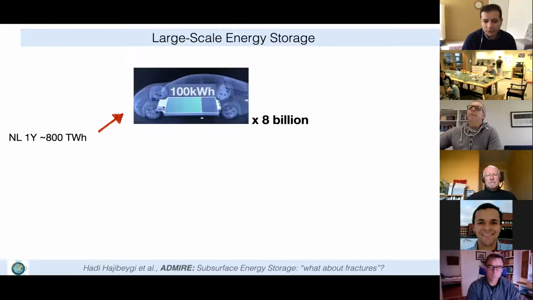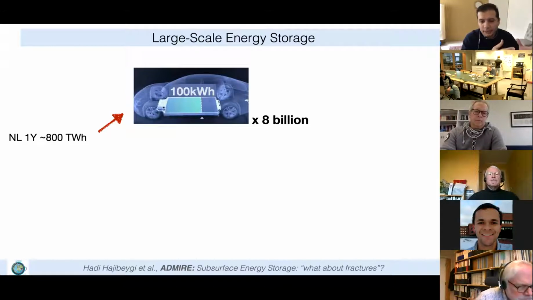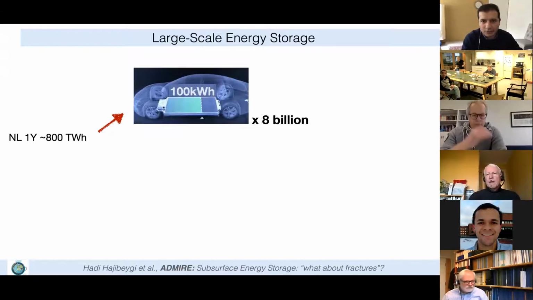To give you a little bit of perspective on where we stand: if you would like to store this much energy, you would think of electrical batteries. You would take the most advanced state-of-the-art batteries that are in the transportation business. For example, passenger cars range around 100 kilowatt hour for about 300 to 500 miles of transportation for a family car.